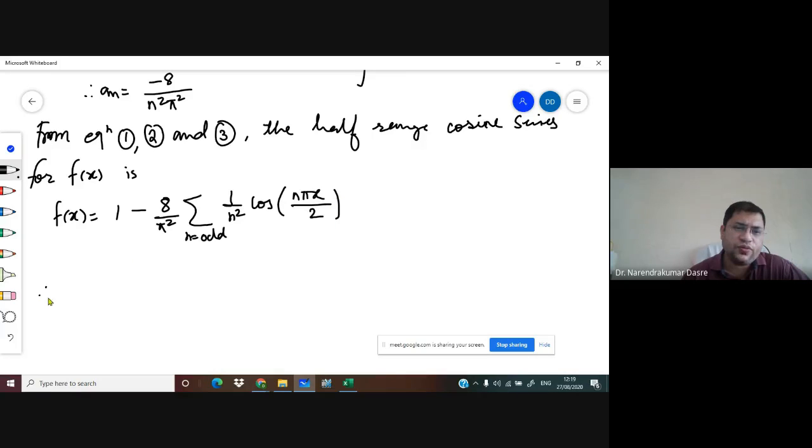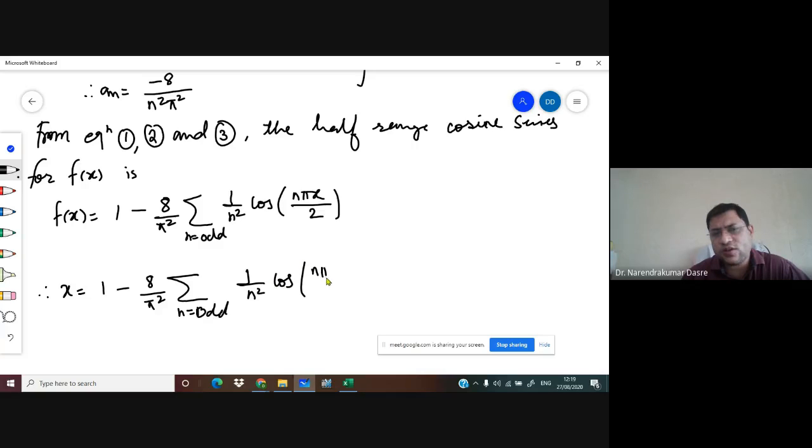Okay. So we can write here f of x is equal to 1 minus 8 upon pi square summation, n only for odd, 1 upon n square cos of n pi x by 2.